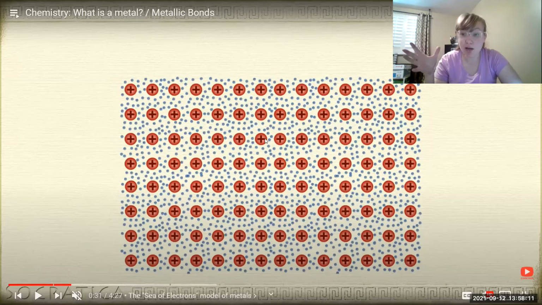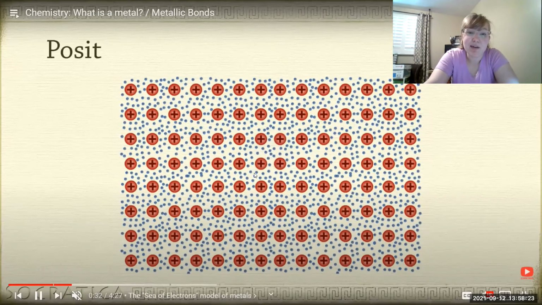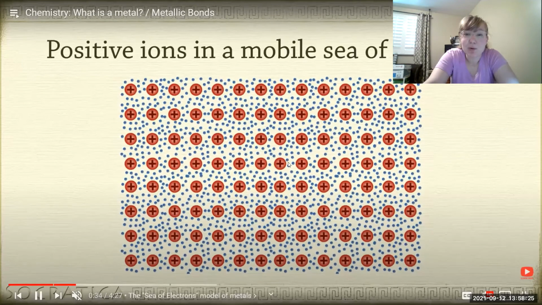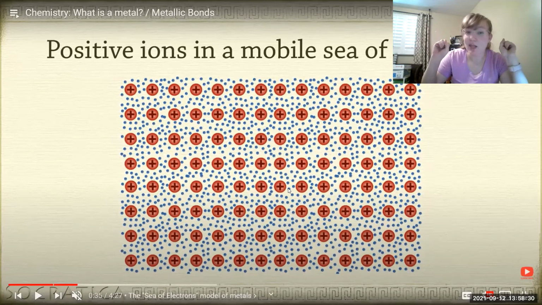If there's no non-metal to accept them and steal them away, then all the metal can do is go, don't want them, don't want them. But if nothing is taking them, they just sit there. And that's what's happening. We have positive ions in what they call a sea of electrons. The electrons are just sitting there because nothing's grabbing them. No non-metals, like electronegative, nothing's grabbing them.